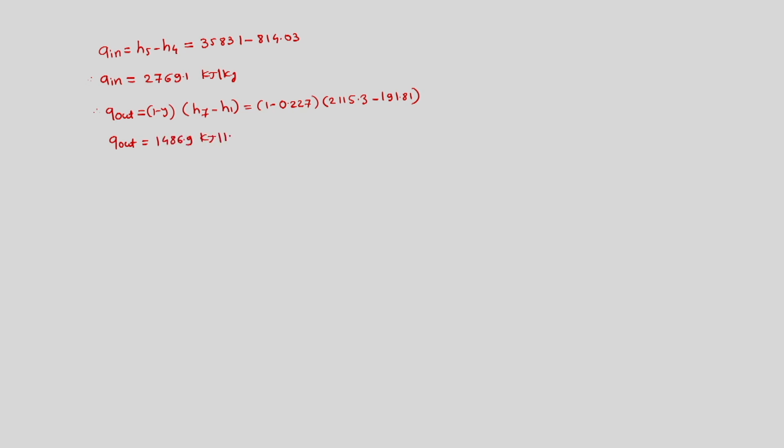So efficiency is equal to 1 minus Q out upon Q in. Q out is 1486.9 and Q in is 2769.1, and this gives us an efficiency of 46.3%.